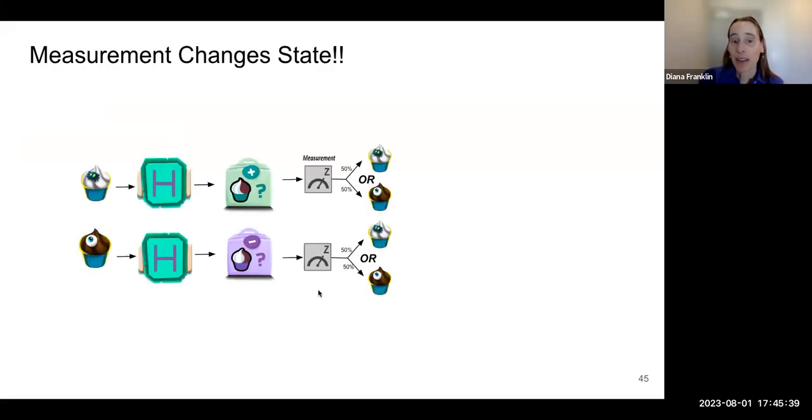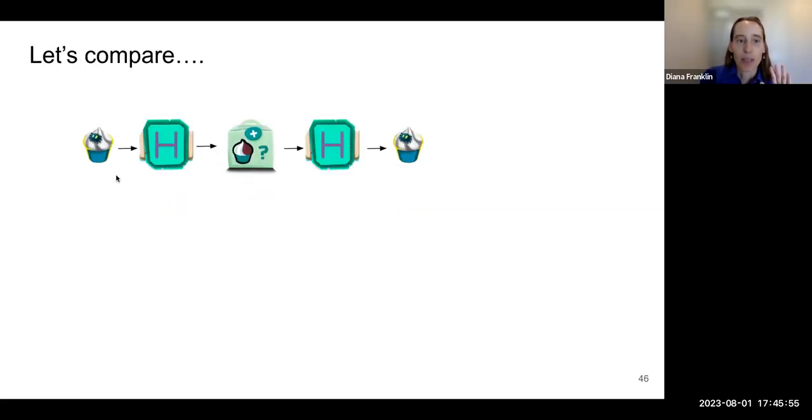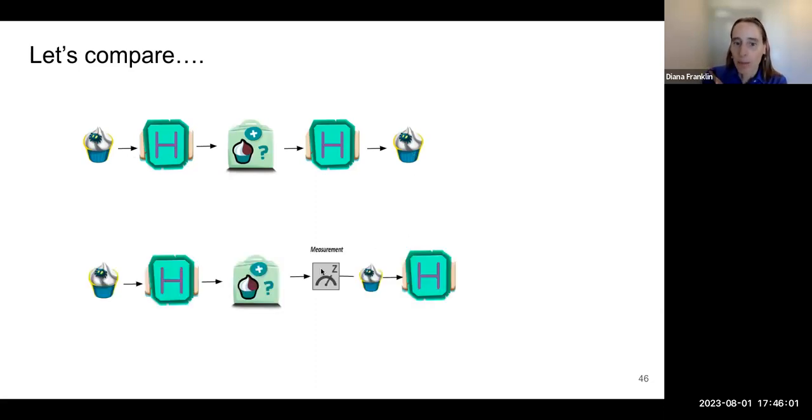That's what it's like in quantum. If we have our superposition box, when we measure, it's no longer in superposition. It's not just an outcome. It changed the qubit. So even though here I got to come back to my vanilla, if I put a measurement in between, now I don't have a 50-50 here with positive phase.